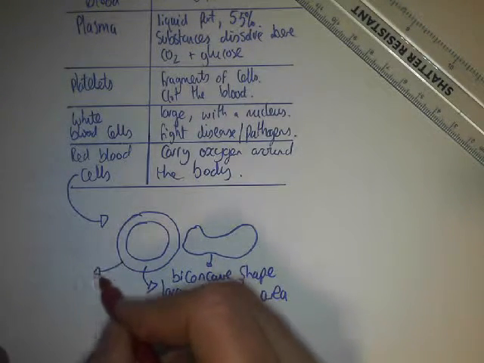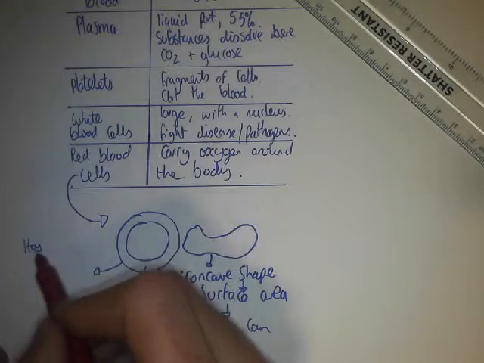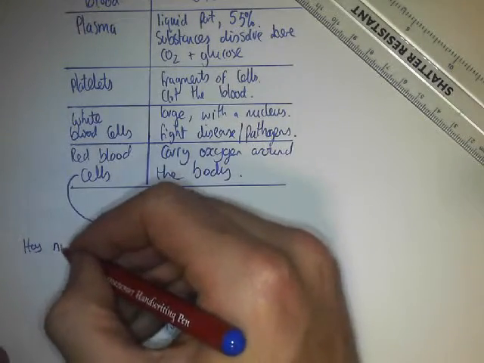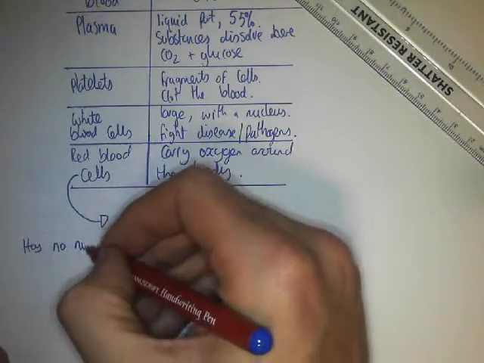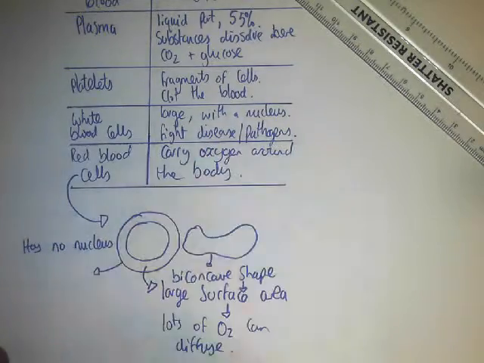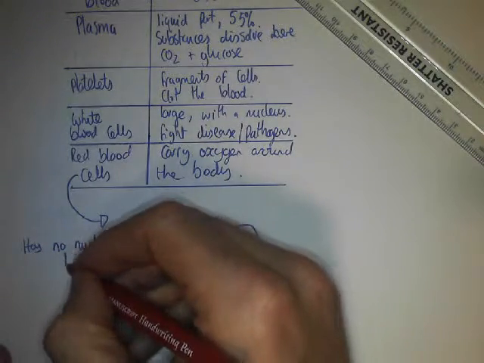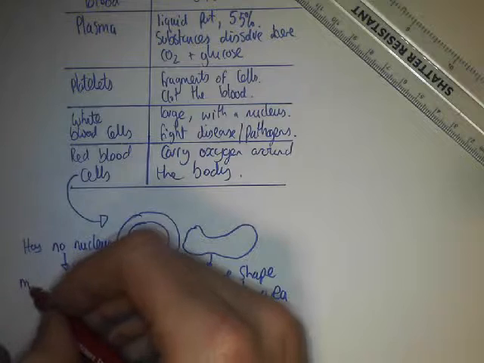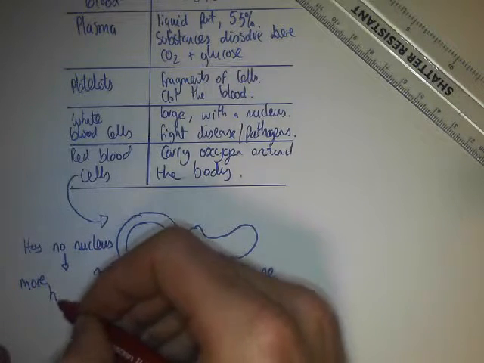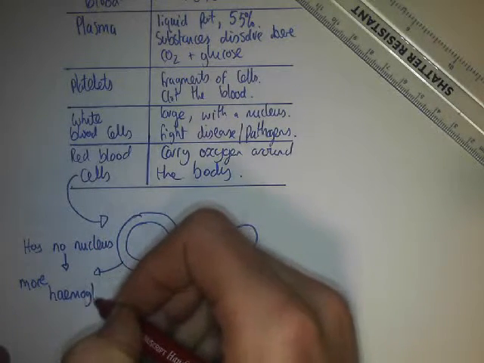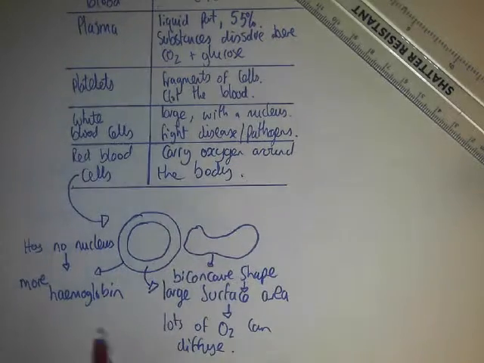Also, the red blood cell has no nucleus. So why does that help? So if it's got no nucleus, it means it can have more hemoglobin. And hemoglobin is a protein that carries oxygen.